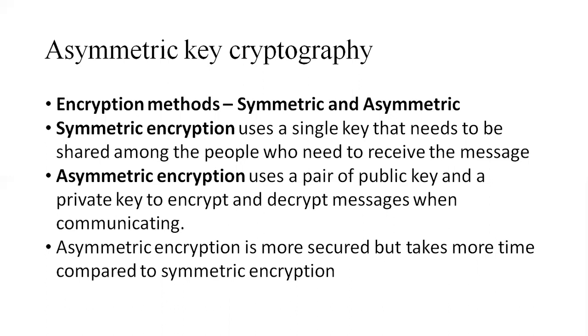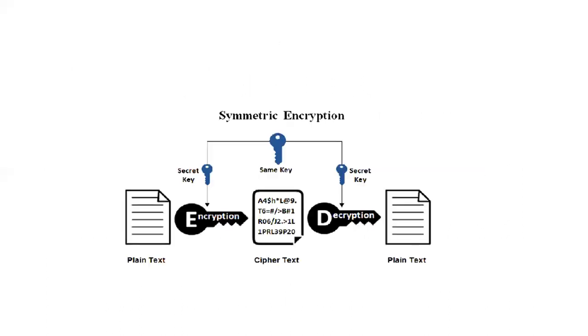Even though asymmetric key encryption is more secure, generally it takes more time to convert plain text to ciphertext and ciphertext back into plain text. So the time taken in asymmetric key encryption is more when compared to symmetric key. But even though it takes more time, it gives you a secure message. So the message cannot be easily cracked or hacked by unintended receivers.